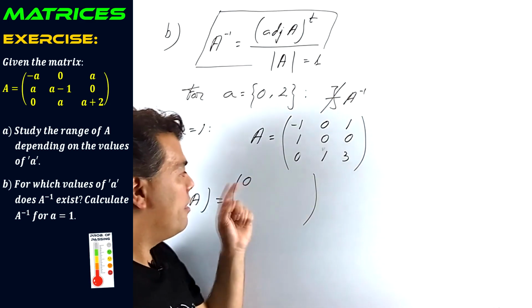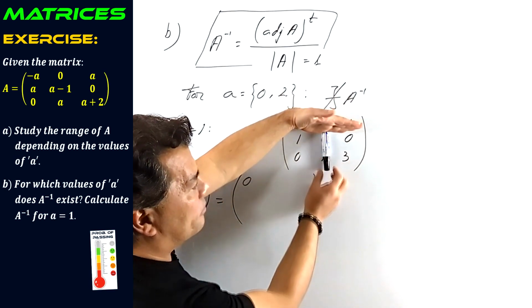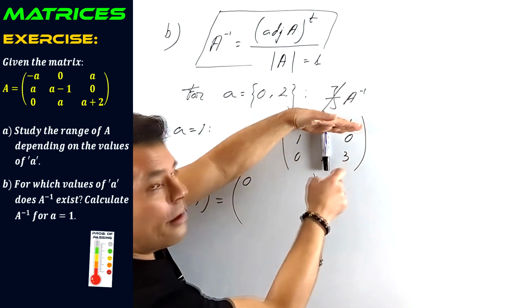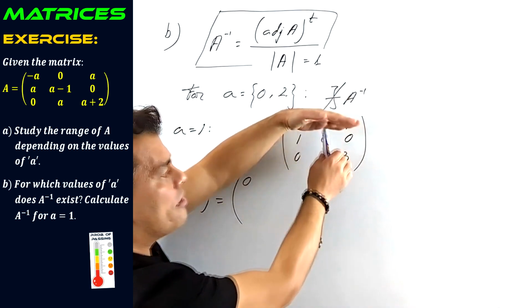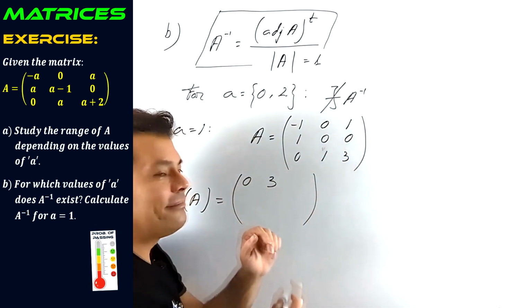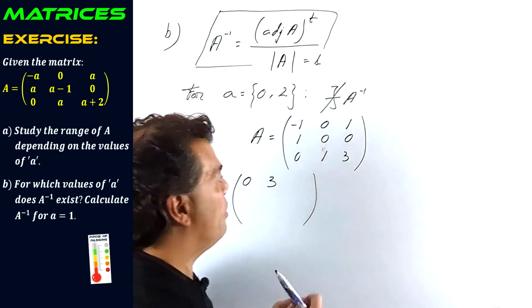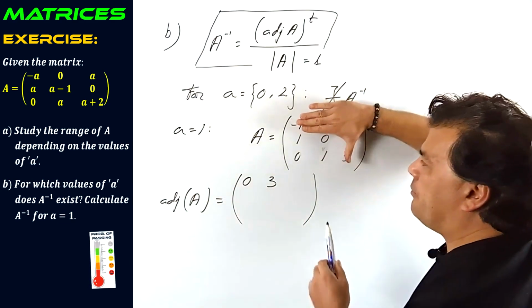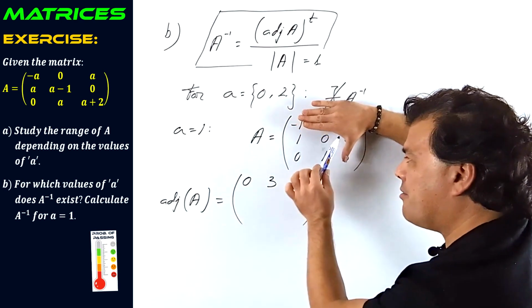Second position, row 1, column 2. 1 times 3 is 3, minus 0 times 0, 0. 3 minus 0, 3. Now, row 1, column 3. 1 times 1 is 1, minus 0.